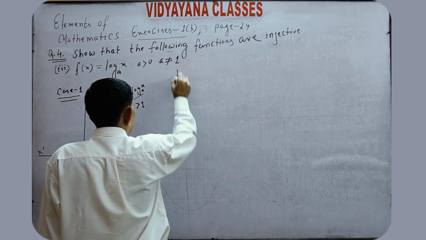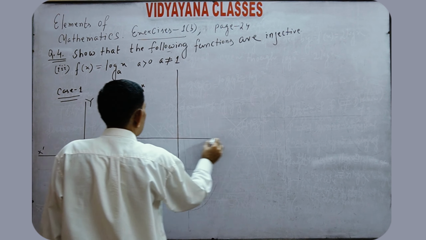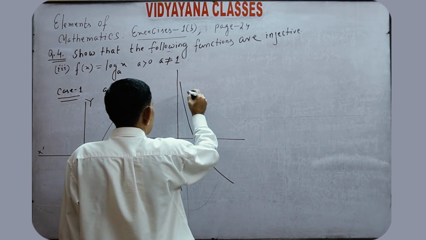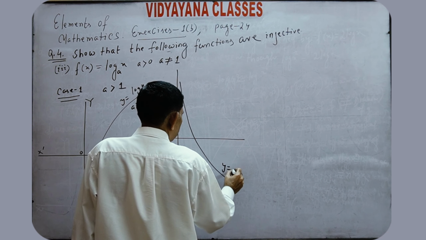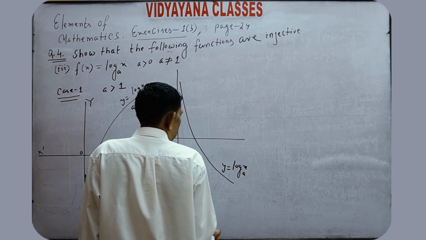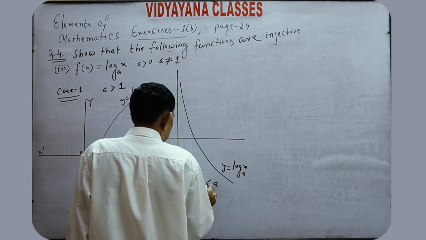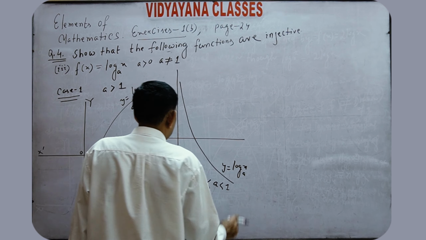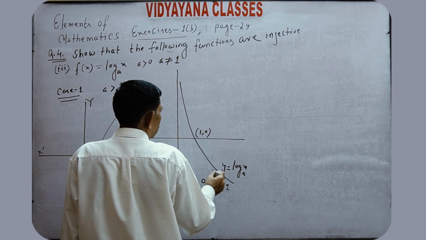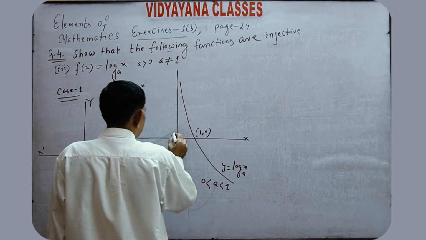Second, this is the graph of log x base a when a is greater than 0 and less than 1. It meets the x-axis at (1, 0).